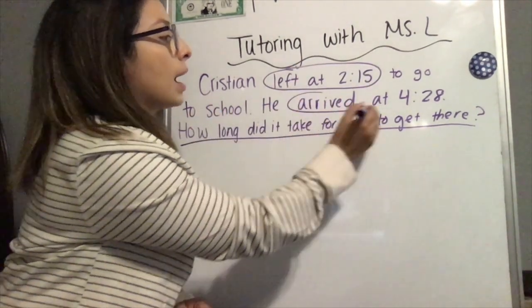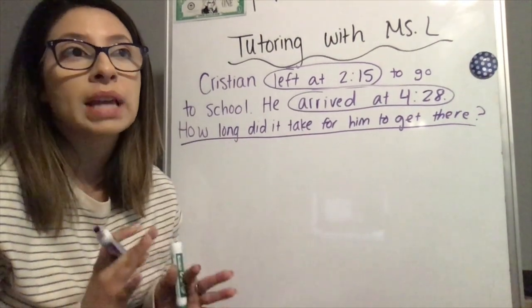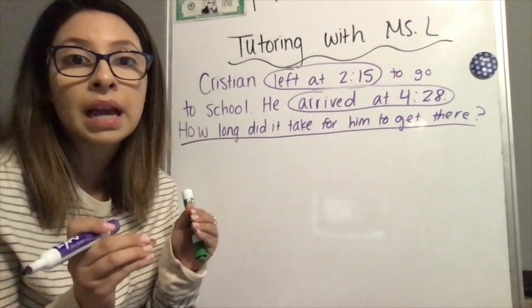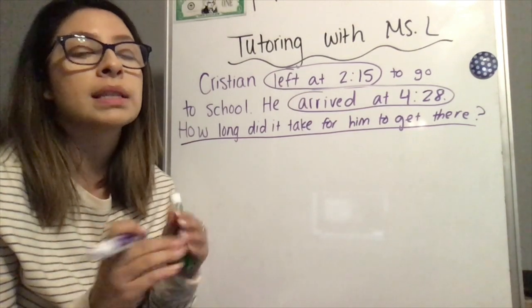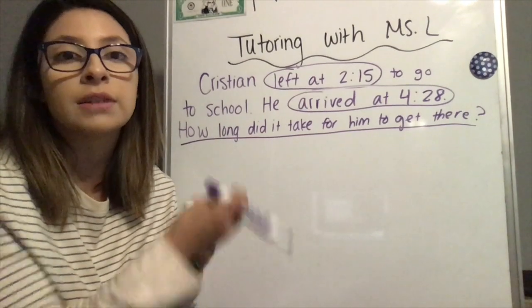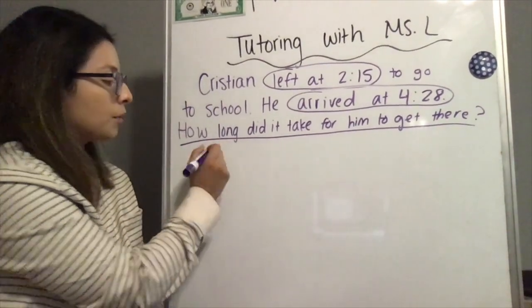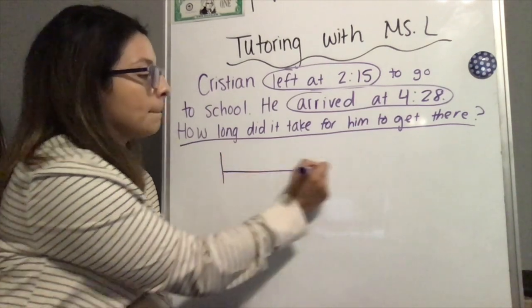He arrived at 4:28. So with time, guys, you're usually going to have a starting time and an ending time, or something in between, and it might give you information to find out the end time. So let me show you how I would do this. I would tackle this problem by doing a number line.